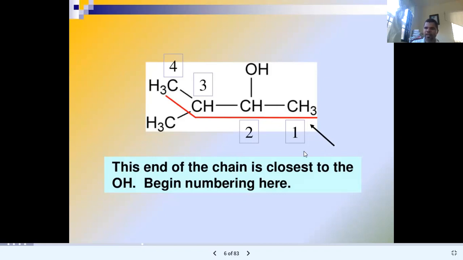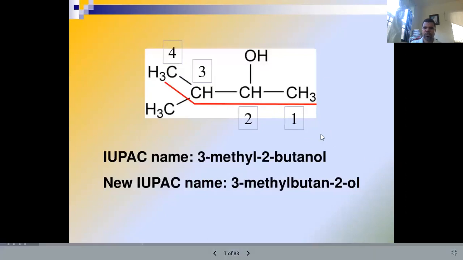Therefore, I decide to start counting here, and this will be carbon number 1, 2, 3, and 4. This one doesn't have any number because this is not part of the longest chain. This is just a branch, right? So the name for this, because it has 4 carbons, is going to be butane. We add the suffix ol, so it's butanol.